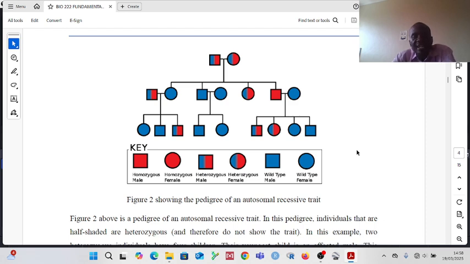That means they are heterozygous. If they are heterozygous, they will not show that trait because the dominant trait will overpower the recessive one. So the phenotype of the dominant trait will be expressed, and the phenotype of the recessive trait will not be expressed.